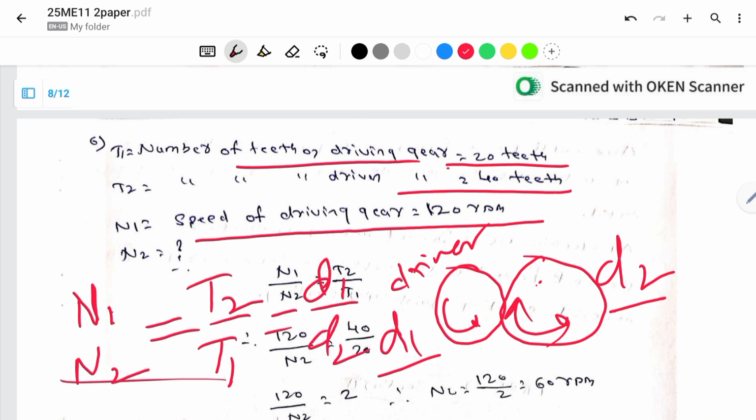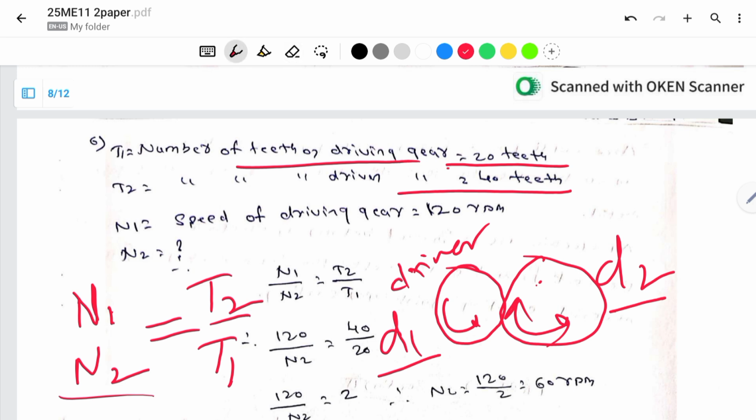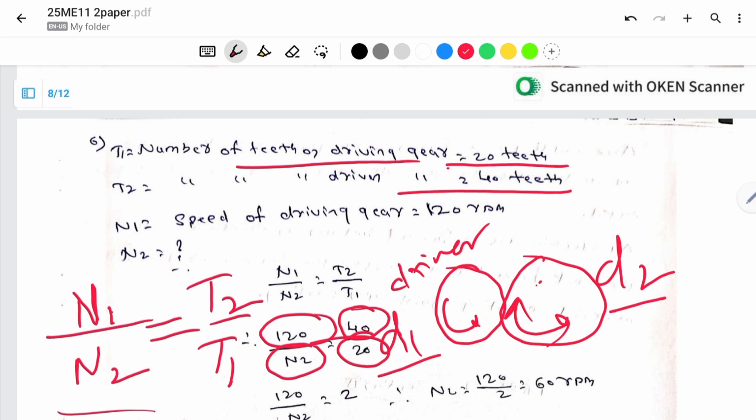When you are considering opposite, you have to consider it that way. Then the driver gear speed is 120 here. Next, N2 we have to find, so this will be 40 divided by 20.